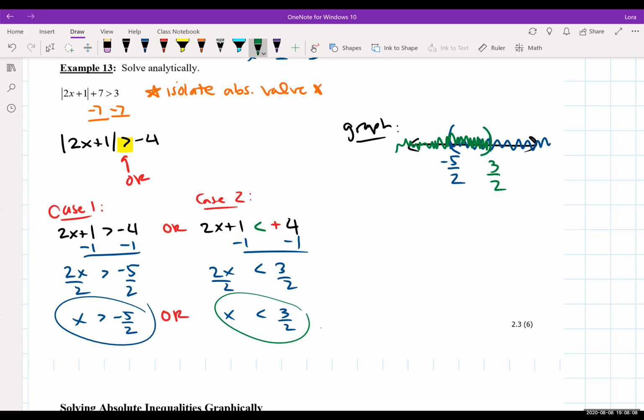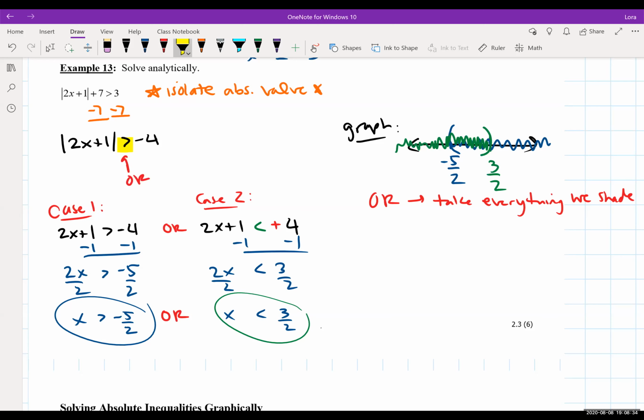Now this type of graph could be confusing, like we don't know what to take unless we know what the link word is. So remember, because the link word was OR, we're going to take everything that we shade. This is different from AND, where you take the intersection, but OR means anything that is shaded gets to be the solution.